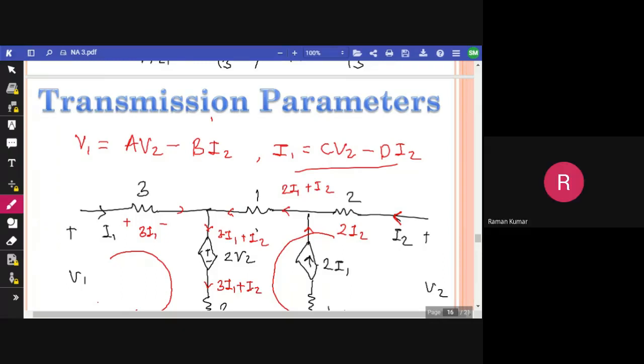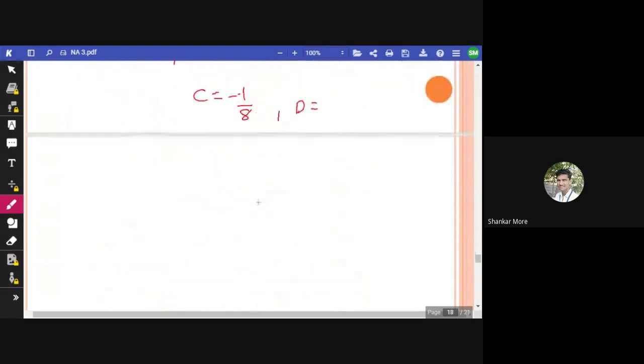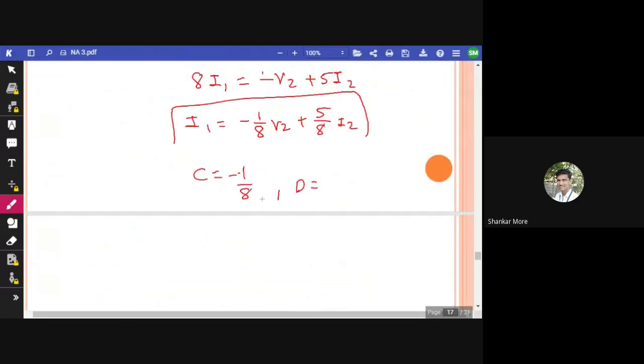Minus 5 by 2. Minus 5 by 2 or minus 5 by 8? Yeah, minus 5 by 8, sorry. Yeah, it should be minus 5 by 8. Why minus? Because it is minus D here, and here we have positive 5 by 8. So its value should be actually negative. So D is minus 5 by 8.